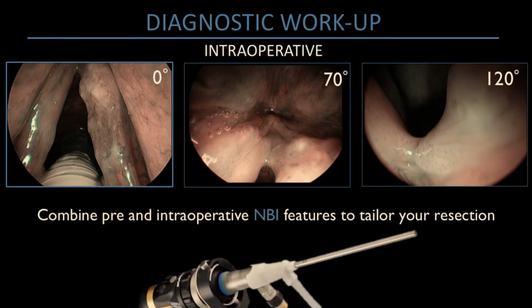This is the set that I suggest to have in your OR: the 0-degree telescope, the 70-degree that is very useful to evaluate the ventricle, even the bottom of the ventricle, and also a 120-degree telescope to see the subglottis from below up to the supraglottis.